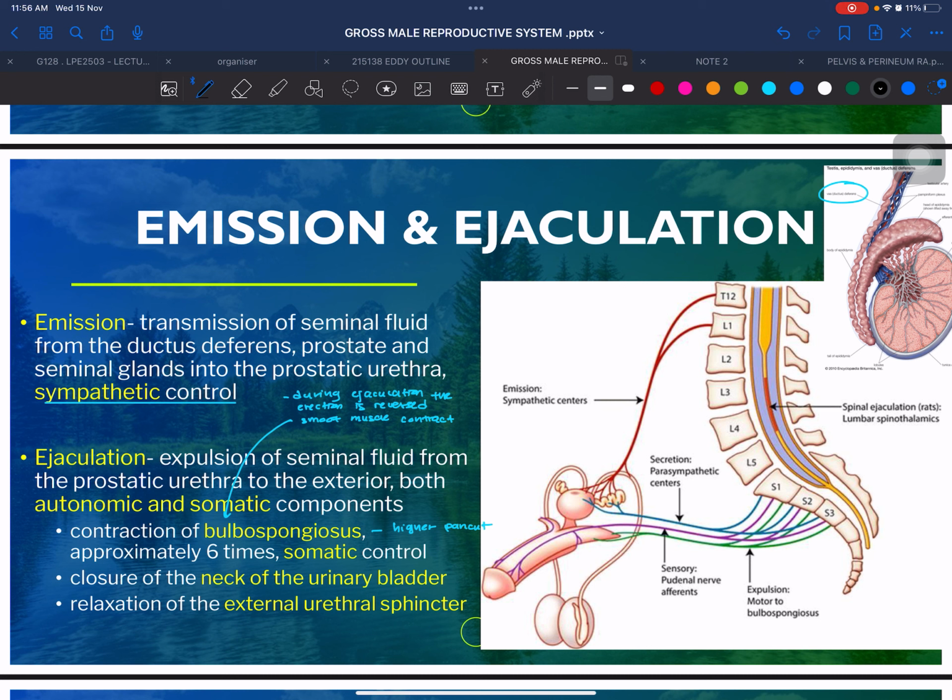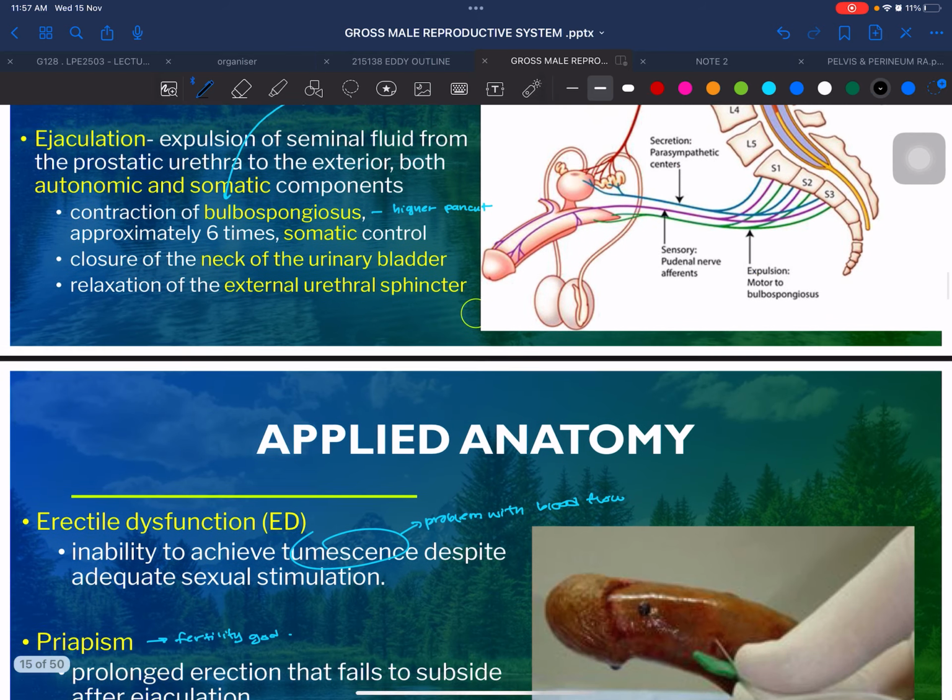Okay, why does it need somatic? Because it needs contraction of the bulbospongiosus muscle. Okay, it's about 6 times of contraction. You guys can control that, right? Okay, so it's an average of 6 times. I don't know exactly how many, but that's an average of about 6 times of control for that muscle for the ejaculation. Okay, that is the somatic control.